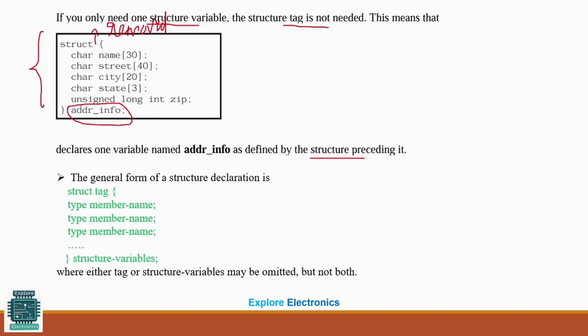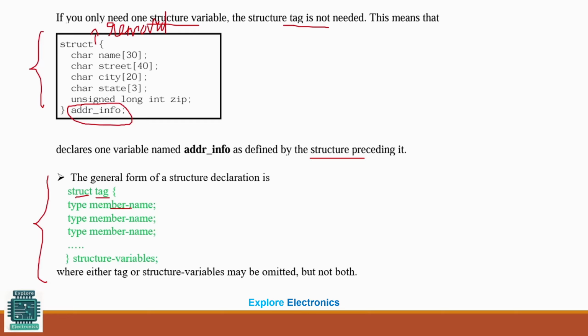Now, this is the general syntax. It is very, very important. Please make a note. The structure declaration, the general form: the keyword struct, the tag, that is the structure tag, and open the braces, then the type and member name. If I consider the name, its respective type is character, and it should end with a semicolon. If you miss the semicolon, the compiler indicates an error.